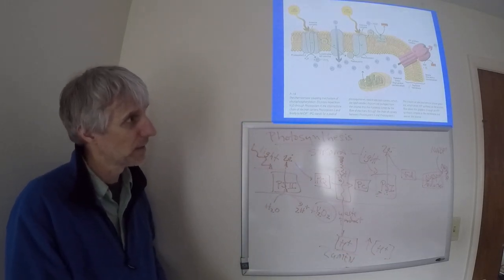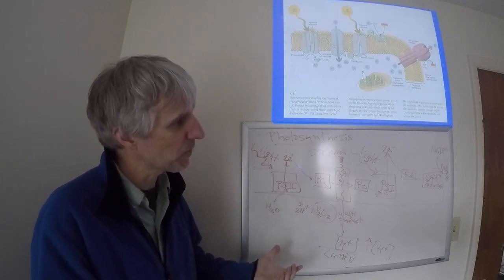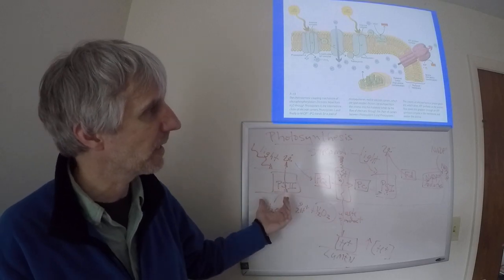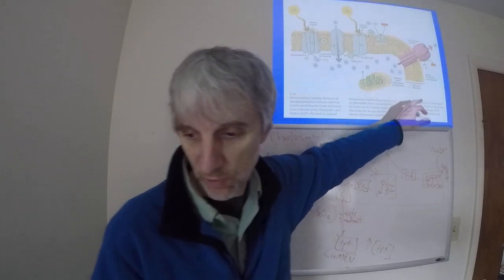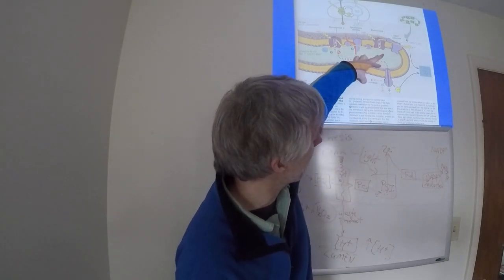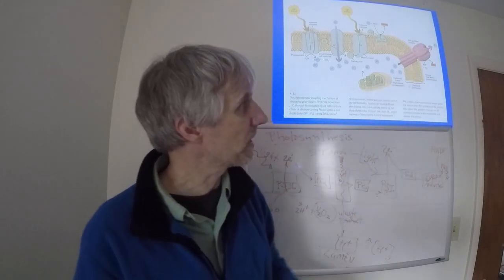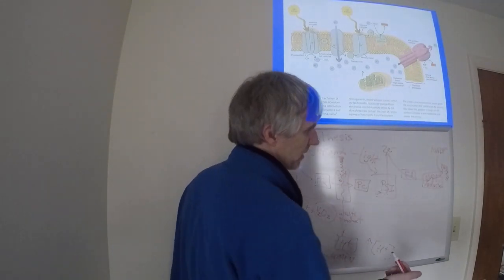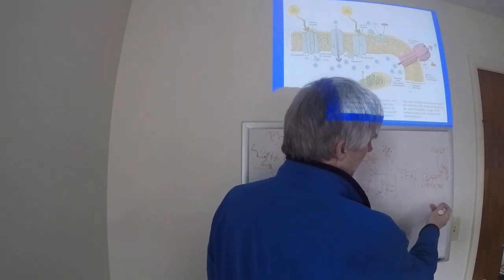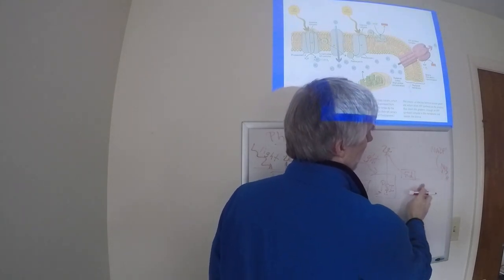Okay? Now, the next piece of this is a transport protein that I didn't draw in here yet, but is present in both of our images. In this image and in this image, there's a little ATP synthase that's present in the thylakoid membrane. Okay? This ATP synthase, let me just stick it over here, right?